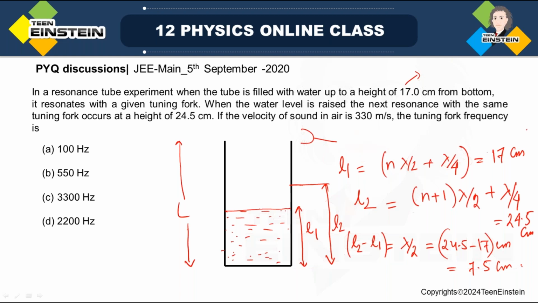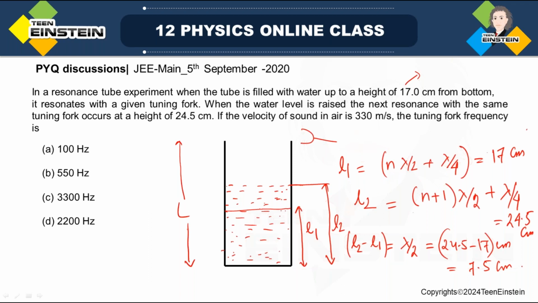All right. So what is lambda? I hope you are understanding what I have done here. If the order had been given in the first case itself, if we knew the order, then I can directly write the relation between the length and the wavelength, but that is not given.